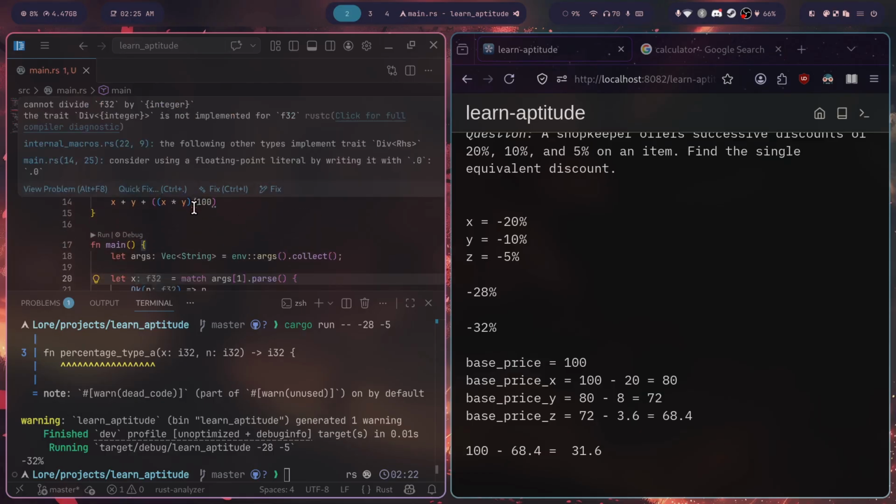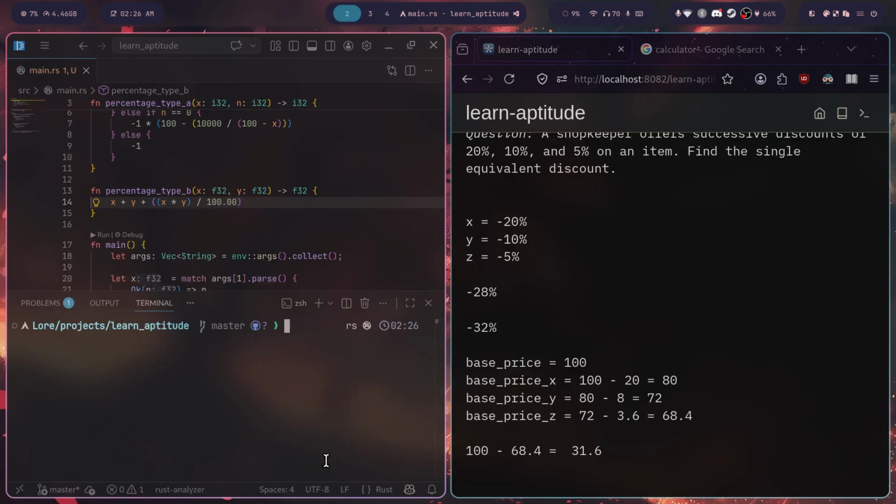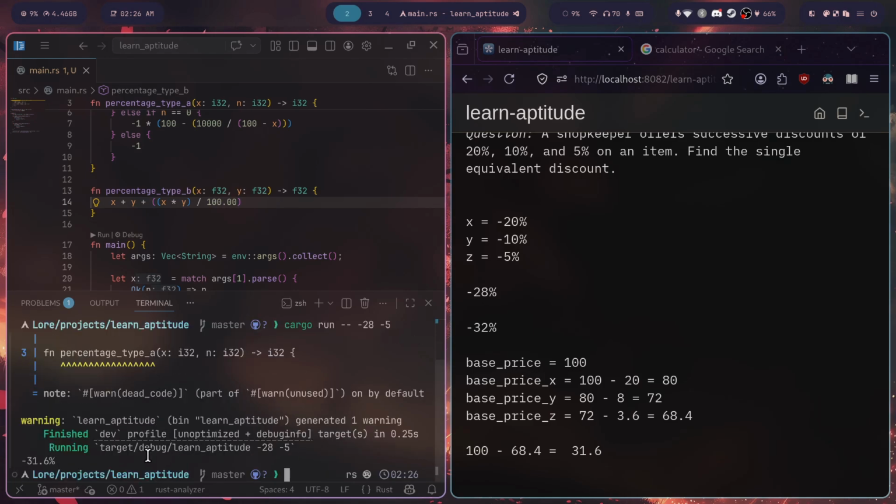Can I write F32? Okay, so we can do one thing, 100.0. Let's see if this satisfies it or not. 31.6%. See, exact answer, no issues.